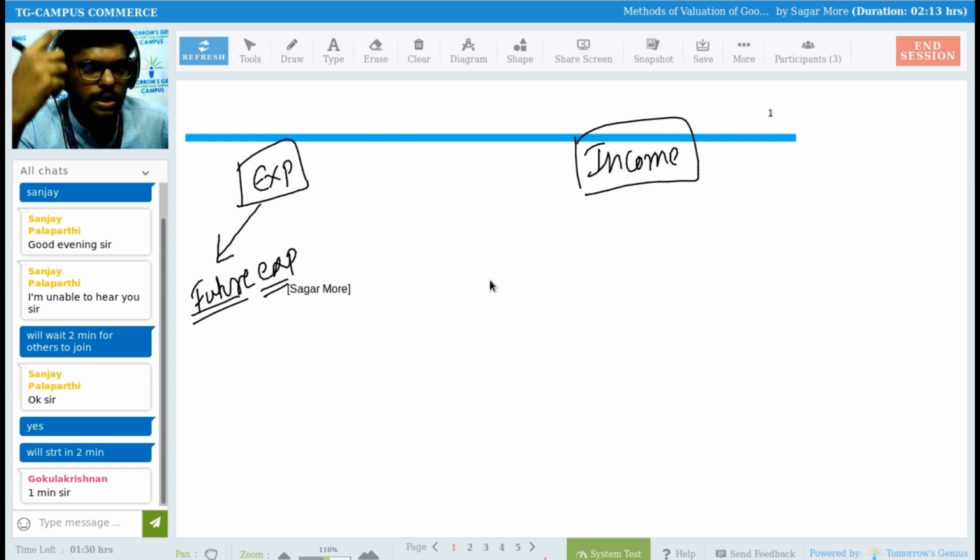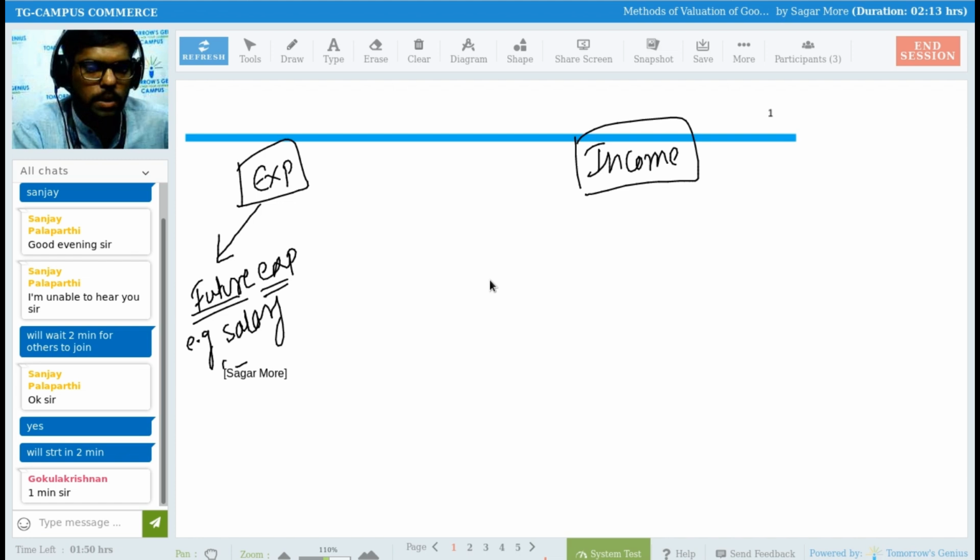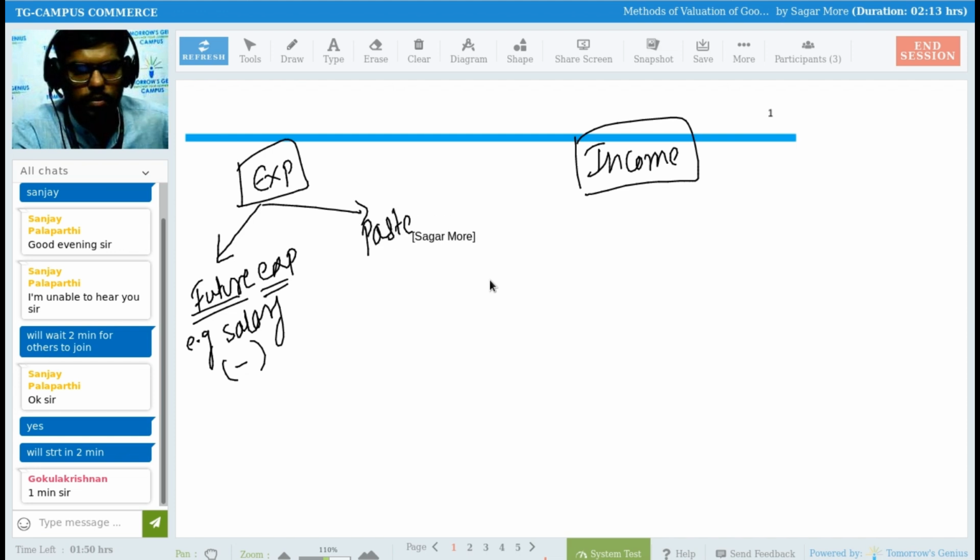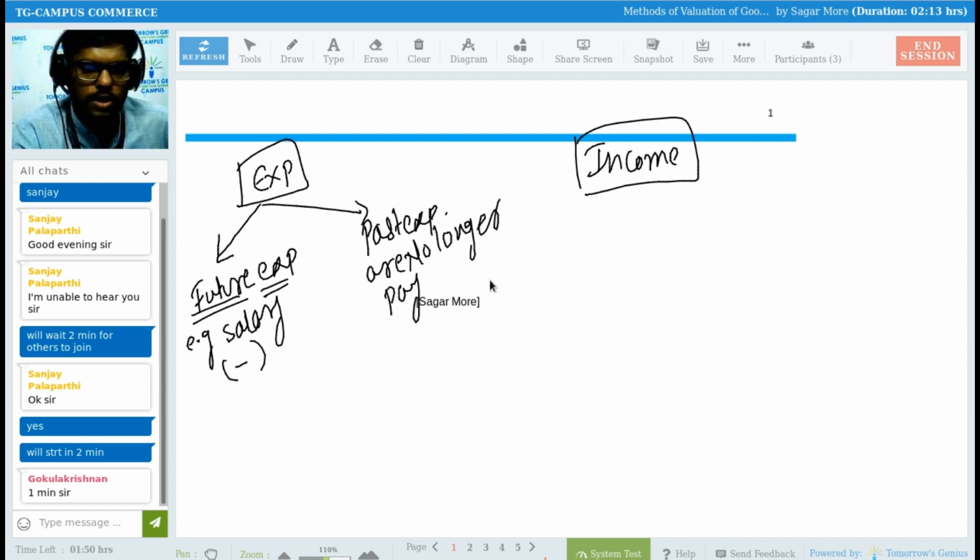In future, you are thinking that there is possibility of having future expenses, for example, salary. So those expenses we have to subtract. If you are thinking past expenses are no longer payable, past expenses no longer payable, right?